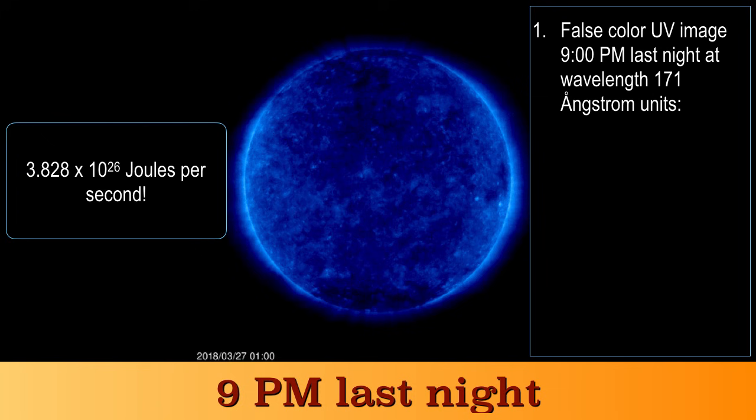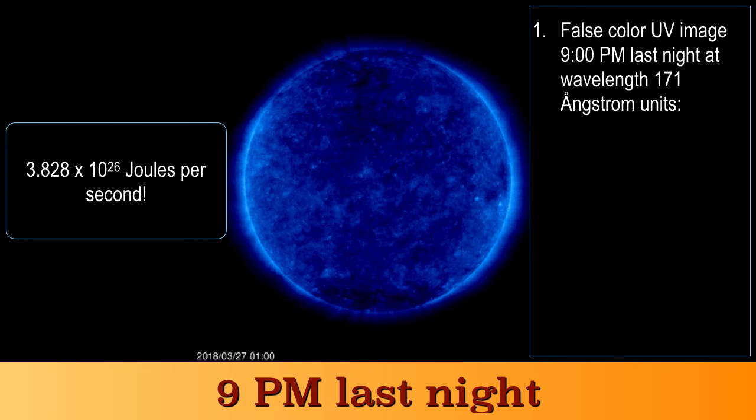Now let's go through some of the specs on this. So this is false color, and the SOHO spacecraft, which you can type up, S-O-H-O, observatory. They consider it an observatory, and you can get to their website and look at these pictures every day.